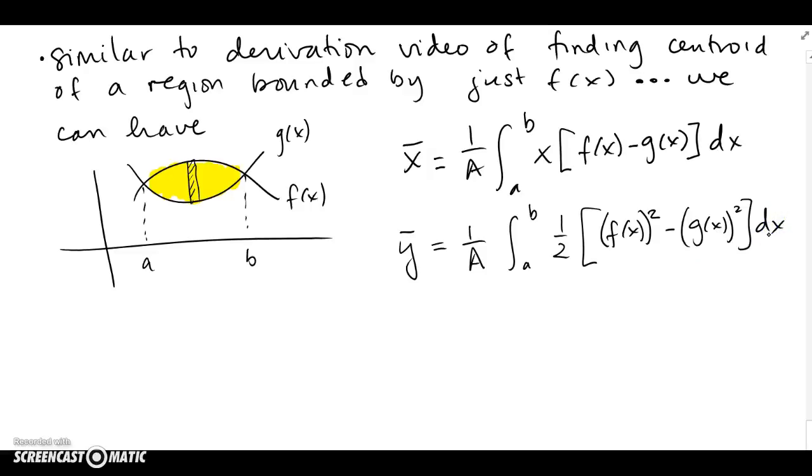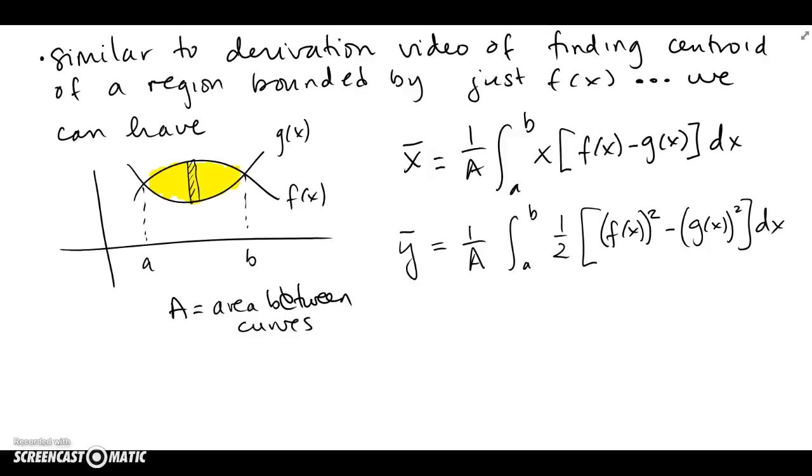So we alter our formulas a little bit and get the centroid, where A, of course, here is the area between the two curves.